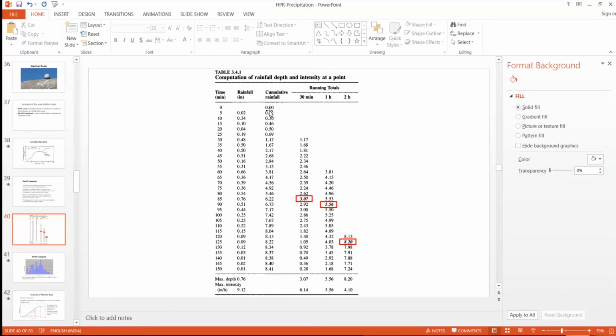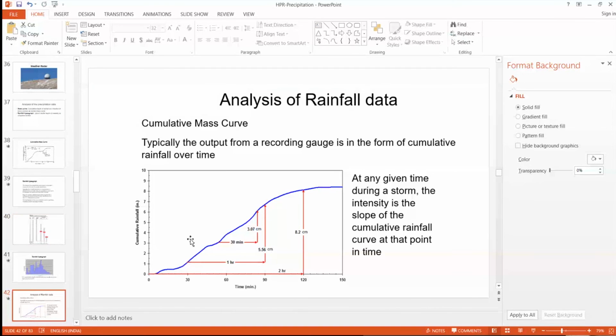At 0 time, the rainfall is 0, but at 5 minutes, rainfall is 0.02, and in 10 minutes, the total rainfall is 0.36, and at 15 minutes, the total rainfall depth is 0.46. If we incrementally add these values, we get cumulative rainfall, and plotting time versus this cumulative rainfall gives the mass curve. So this is the mass curve, cumulative rainfall versus time.